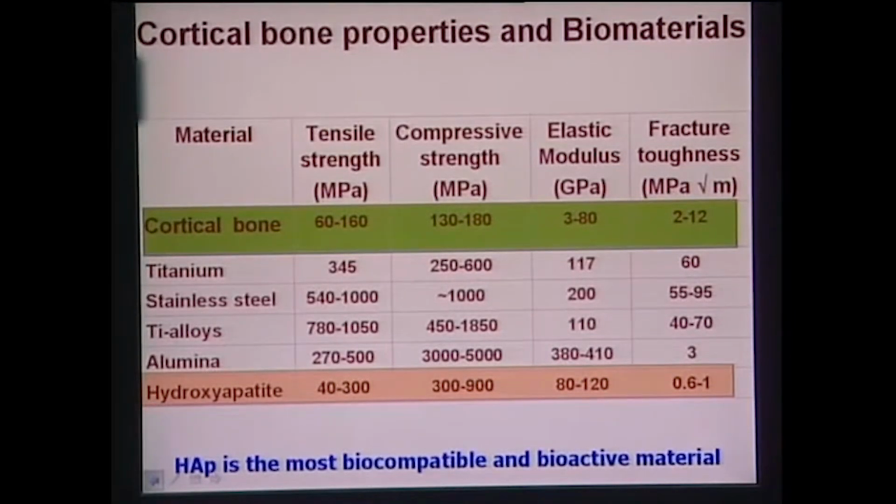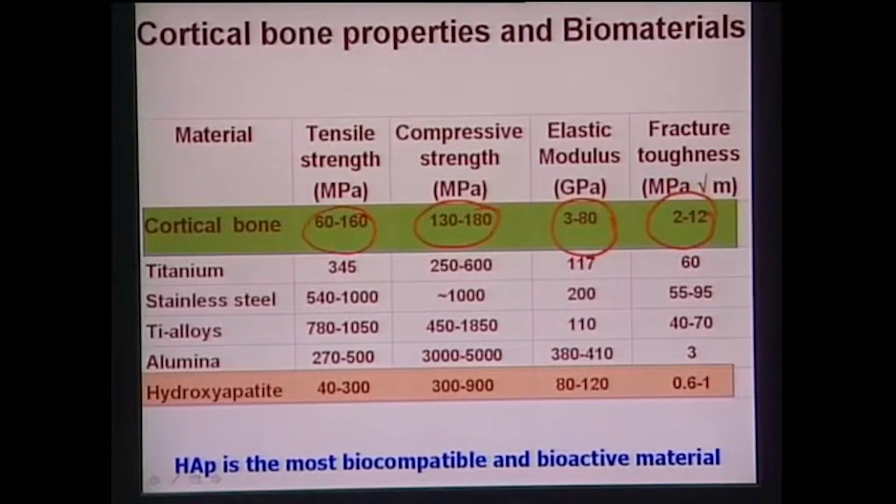First one is that if you look at this cortical bone, that green row, what you notice is that depending on anatomical location, you have a range of properties which includes tensile strength 60 to 160 megapascal, compressive strength 130 to 180 megapascal, fracture toughness 2 to 12 MPa square root meter, and elastic modulus 3 to 80 gigapascal.